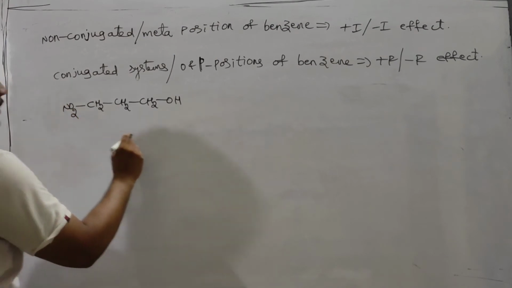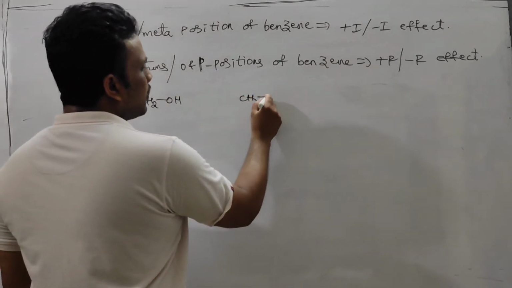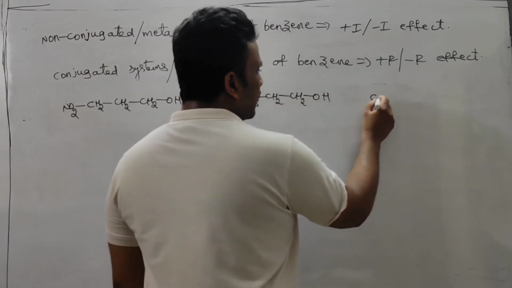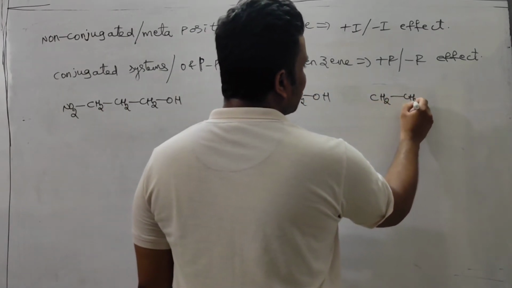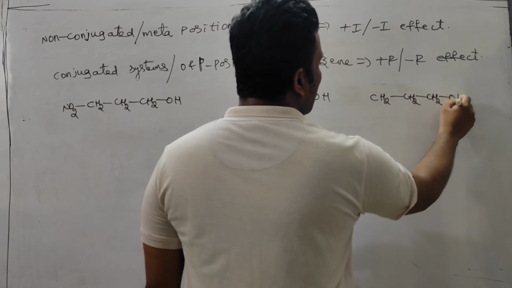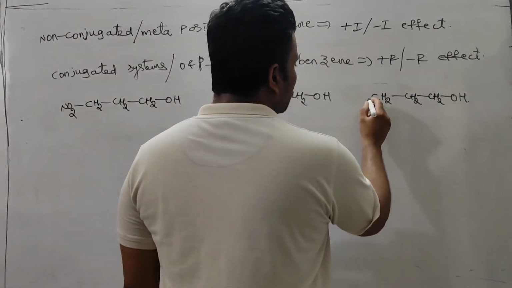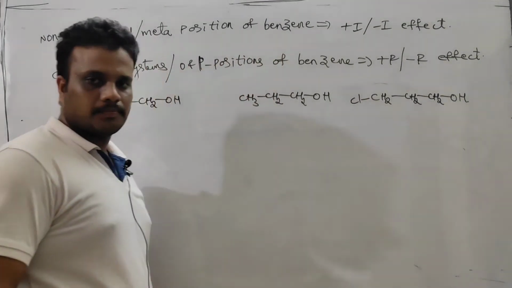Nitro group is present here. One more alcohol I am taking. In this there is no branch. Now I am taking one more group, suppose chlorine or fluorine, a halogen.